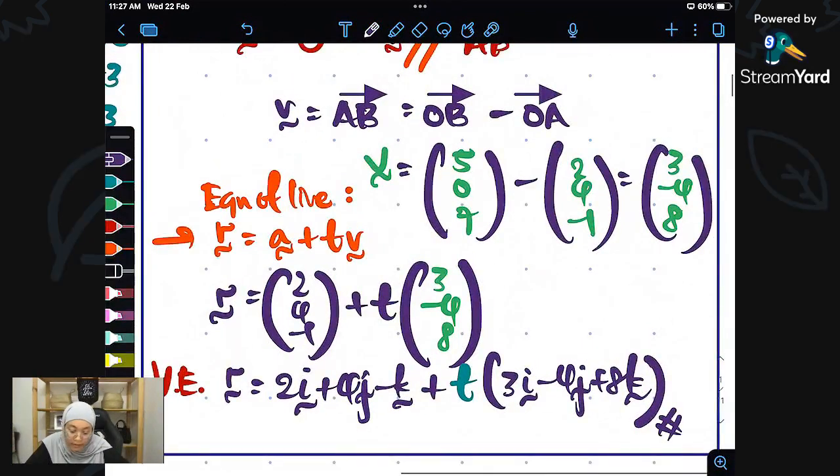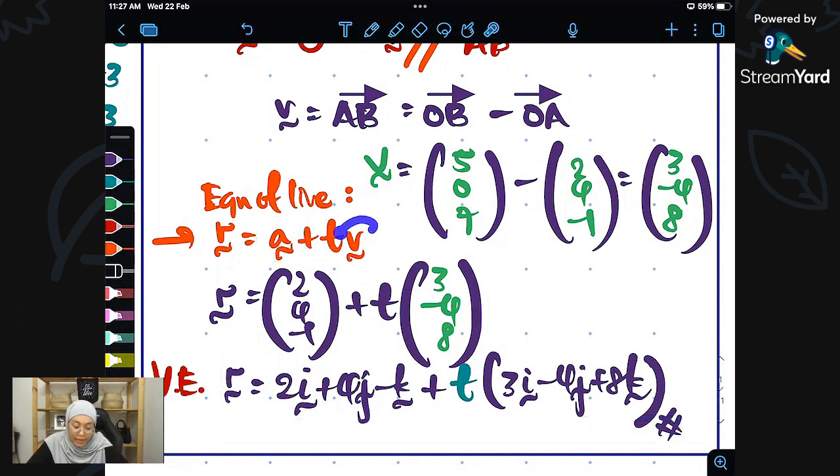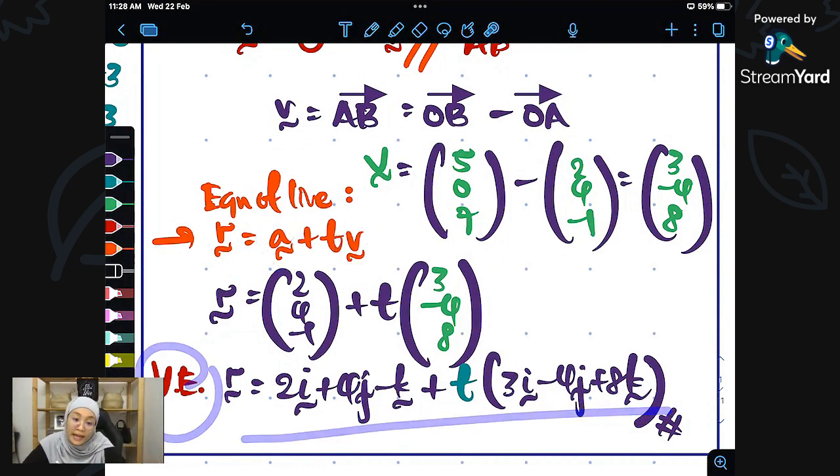That is our answer for the VE, the vector equation of the line. All we need is just the position vector A and then the vector V. That's the only thing that is very important. Two important things here: the position vector A and the vector V. And then we're done. This is the VE of the line.